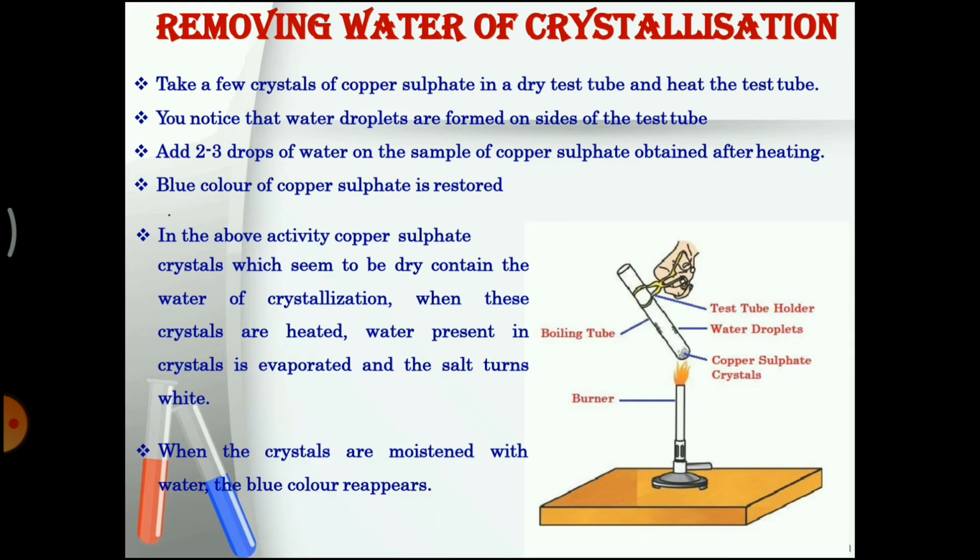Copper sulfate crystals, which seem to be dry, contain water of crystallization. When heated, the water present in the crystals evaporates and the salt turns white. When the crystals are moistened with water, the blue color reappears.